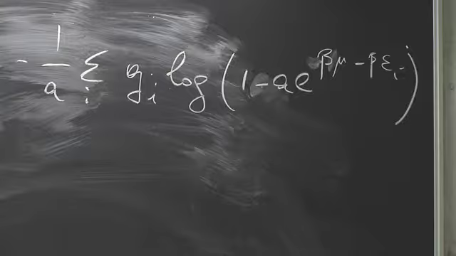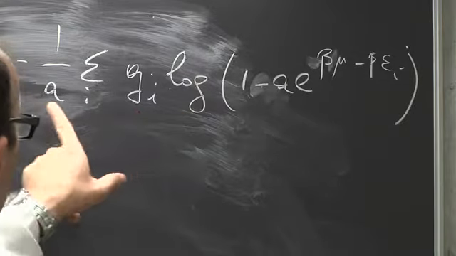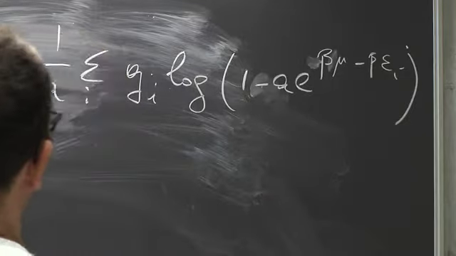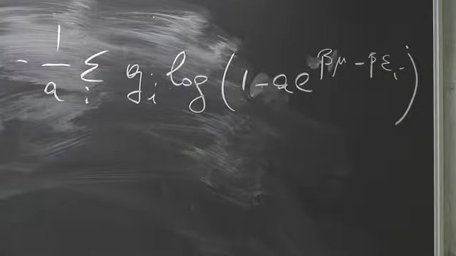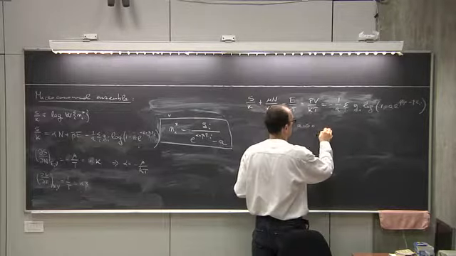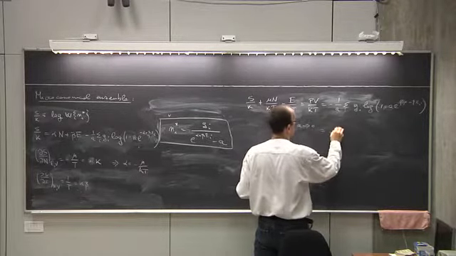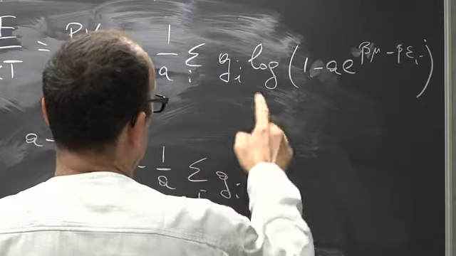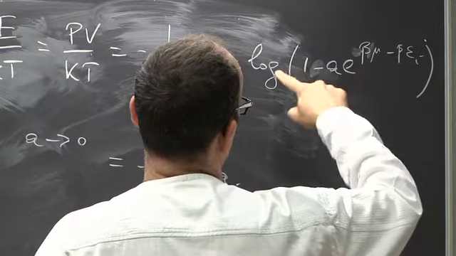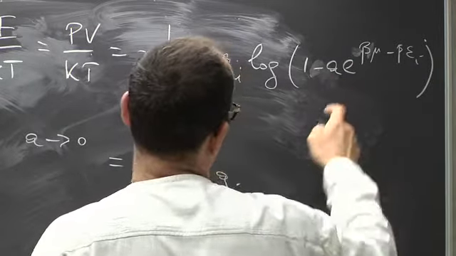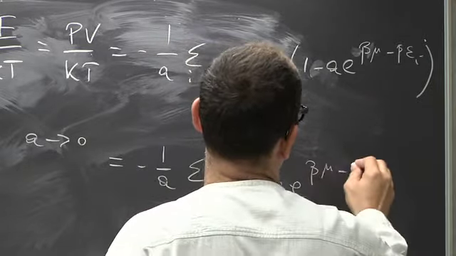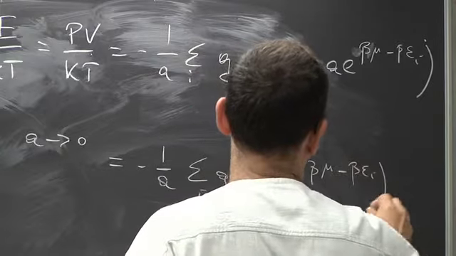Now, the other thing you can see from this expression is that if you take the limit when a goes to 0, you get minus 1 over a, sum over i of g_i, and then you can approximate this by the first term, which is minus a e to the beta mu minus beta epsilon_i.